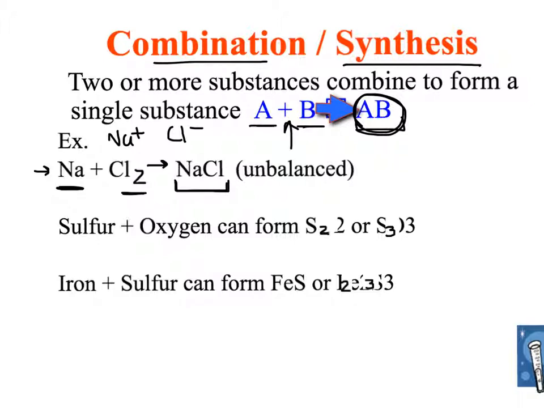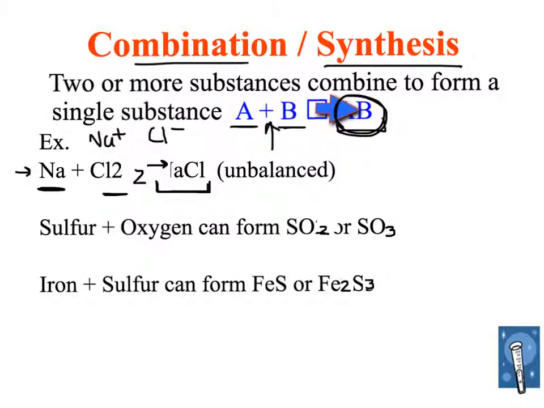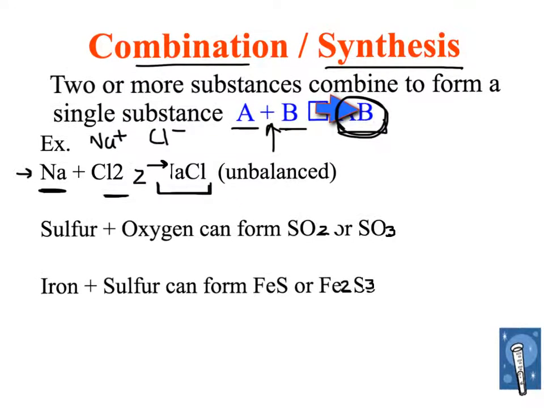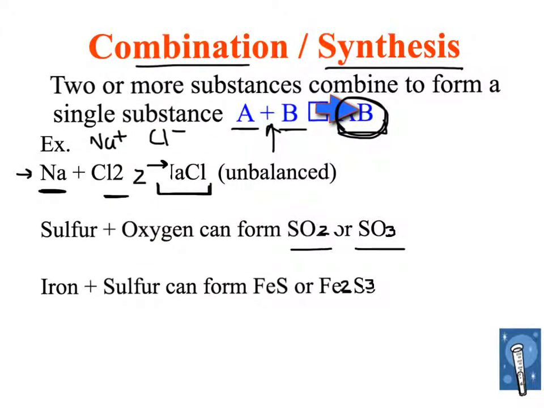In some cases, what we see is that it's not going to only make one possible product. So for example, if we combine sulfur and oxygen, which are 2 nonmetals, we could get sulfur dioxide or sulfur trioxide. 2 possibilities.